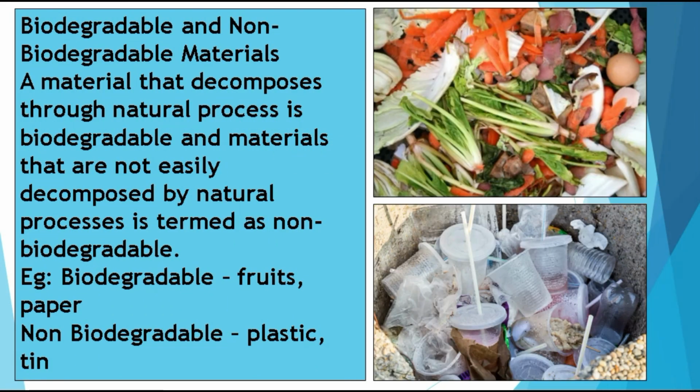Now students, as you can see here the heading, biodegradable and non-biodegradable materials. Students, biodegradable materials are basically those materials that decompose through natural processes, whereas non-biodegradable materials are those materials that can't be easily decomposed by natural processes, and that's why they are known as non-biodegradable materials.